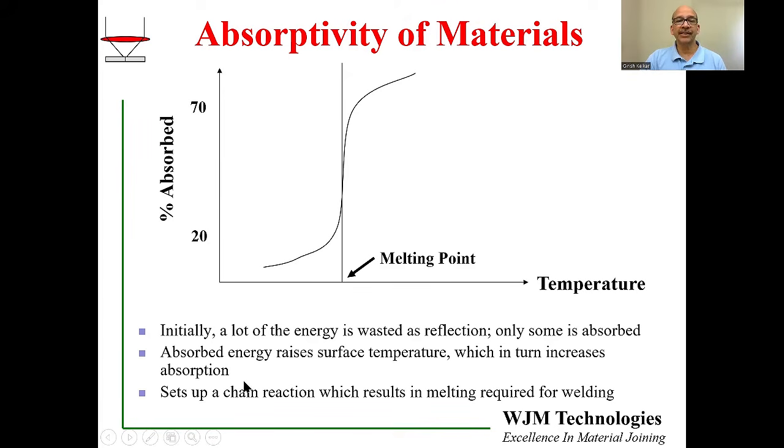So this ends up in a chain reaction, which results in a very rapid rise in temperature, which eventually leads to melting, which is required for welding. So this chain reaction makes it possible for wavelengths to be absorbed and have a practical result of melting, even though the initial absorption could be quite low.